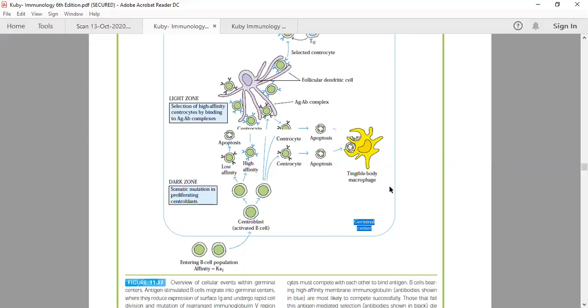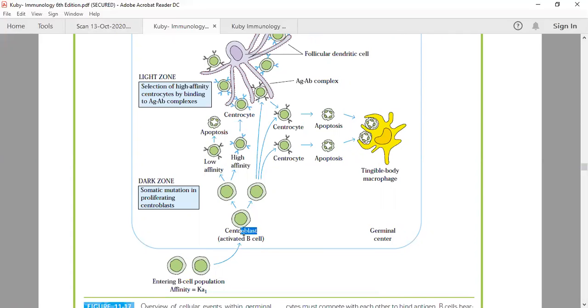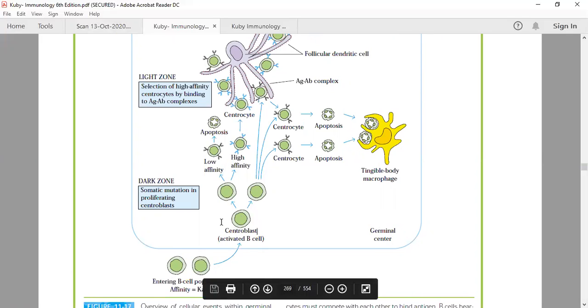Now please understand how these cells are interacting with each other. This B cell is coming from outside, and when it comes into the center of the germinal center, it will develop into a big cell. This is called a blast cell, the centroblast, which is also known as an activated B cell. So after antigenic challenge, the cell will be activated and this B cell will make a blast cell.